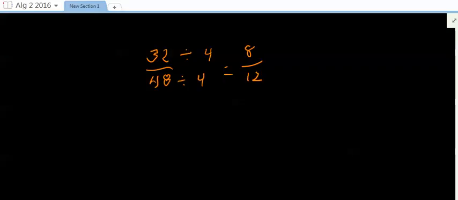Then I see, hey, I can divide 8 by 4. I can divide 12 by 4. And I get 2 over 3. Now there's nothing that goes into 2 and 3. This is our reduced fraction. Always leave your answers as reduced fractions.